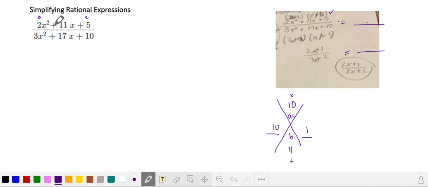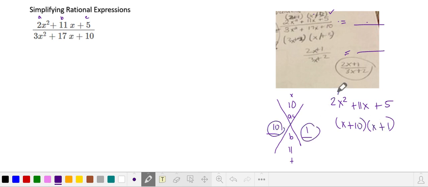So this will be scratch work on your end; you're not putting it as part of the solution. I'm going to write it here: 2x squared plus 11x plus 5. I'm going to write x plus 10, x plus 1, and those numbers came from here.